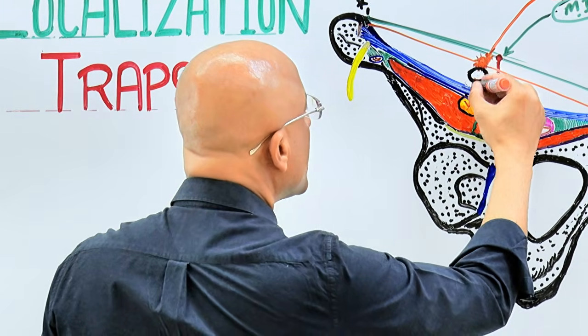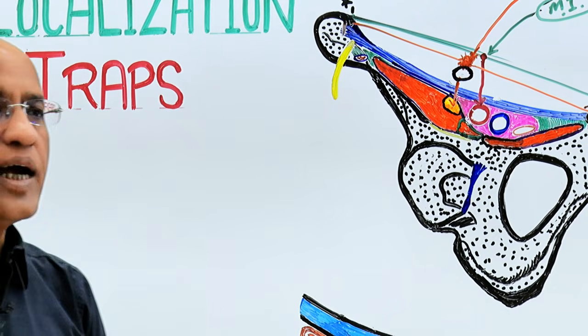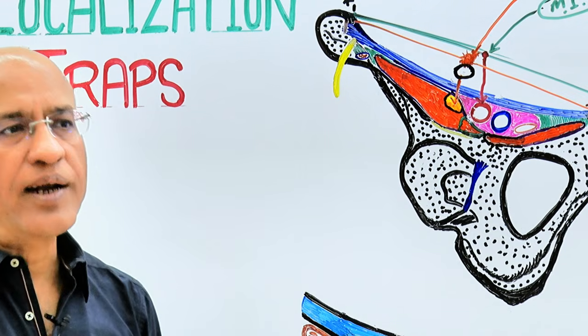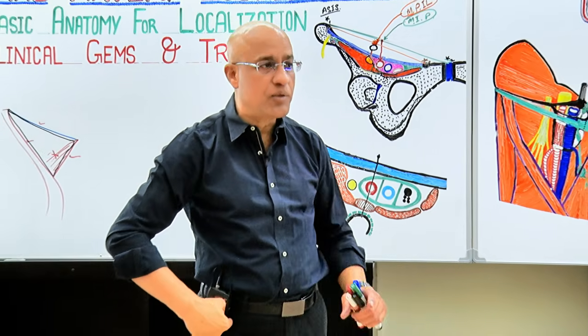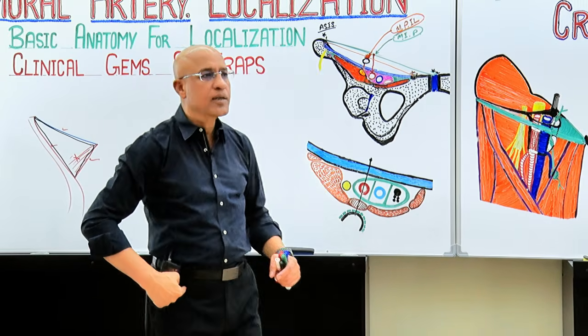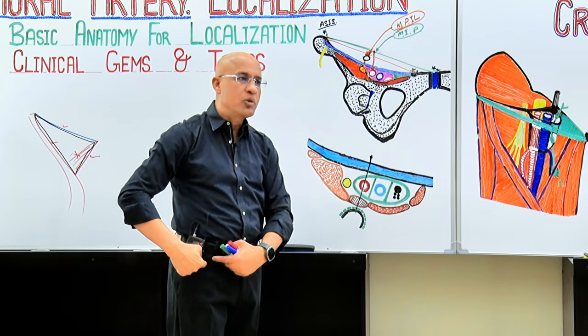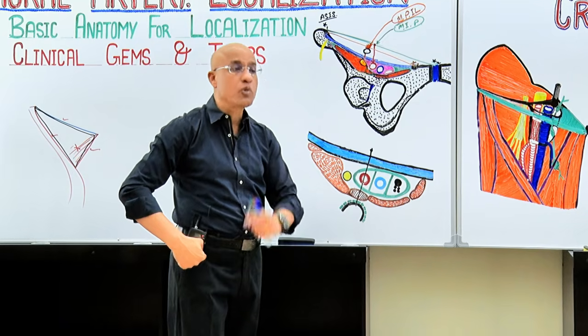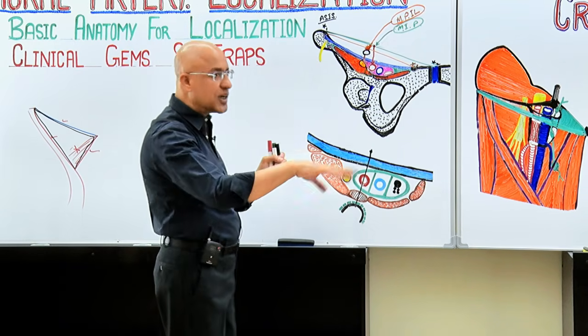So if you are doing hernia examination and you want to find exactly where the deep inguinal ring is, so we can reduce the hernia, compress it, and ask the patient to cough to feel whether the hernia reappears or not, I will teach you that in detail in the upcoming hernia lecture.